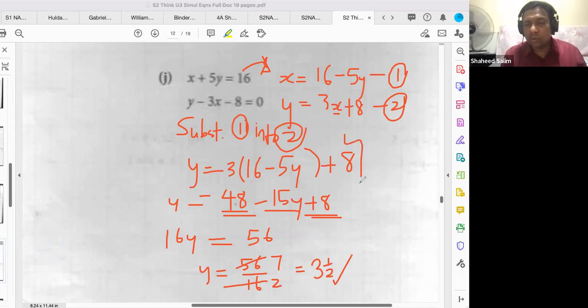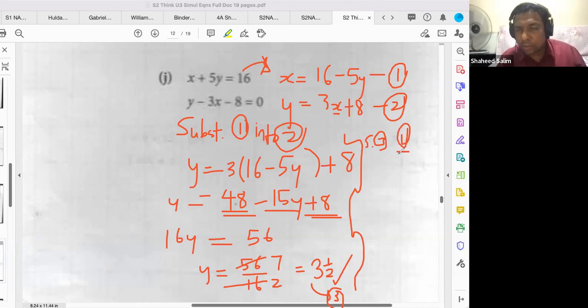Now you know what y is, so you can call this equation 3. Y equals 3.5. You substitute 3 into 1. This is equation 1, and you write down x equals 16 minus 5 times 3.5.